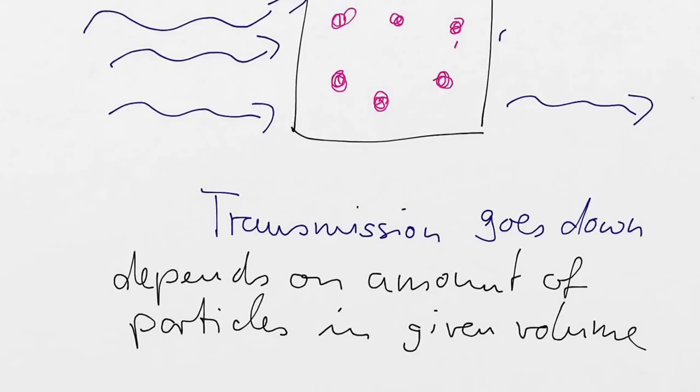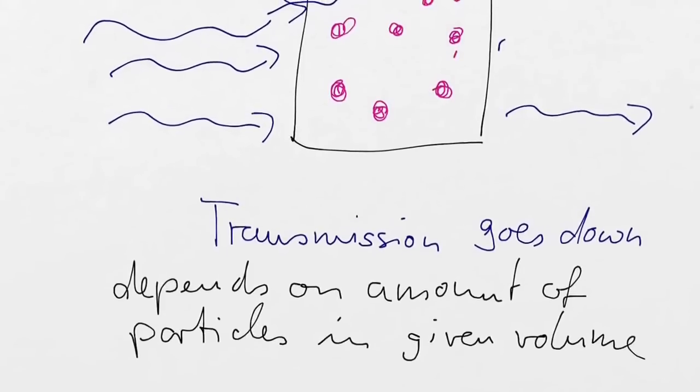The more of the particles I have, the less goes through. Or I can turn it round and say, the more particles in this container I have, the more energy of the light is absorbed. Yeah? So the absorbance of the light goes up depending on the amount of particles.